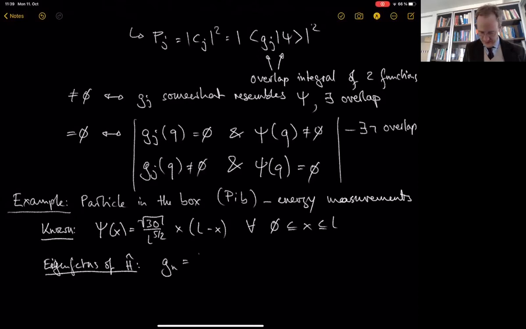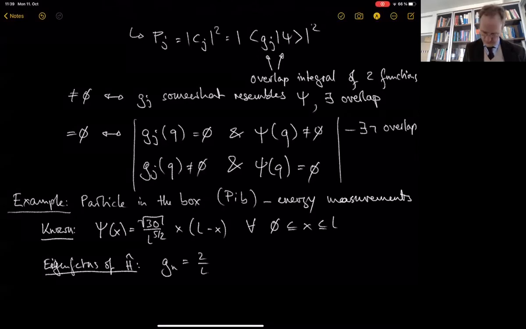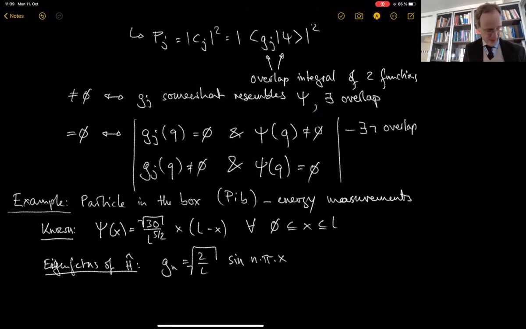Gn equals the square root of 2 over L, sine of n times pi times x over L. And now we're going to expand our state function in this bunch of eigenfunctions. So we know the actual true wave function, and we also know the eigenfunctions.